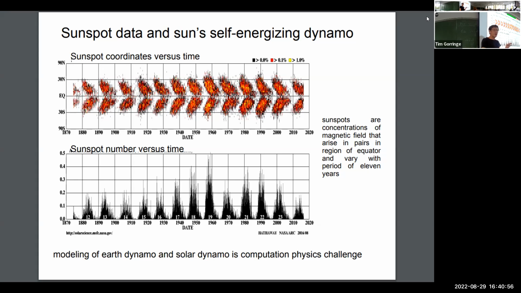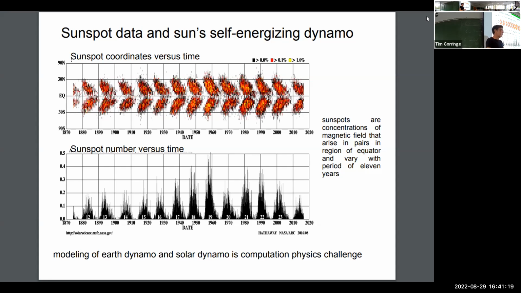It's this dynamo explanation, that if you have moving charges in a magnetic field, they experience a magnetic force that drives the current. So that's a kind of simple explanation of the Earth's magnetic field, or the solar magnetic field, that we could have discussed in general physics.